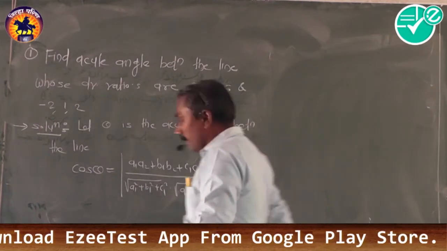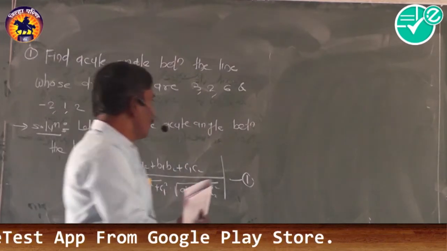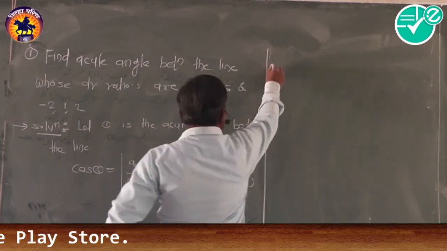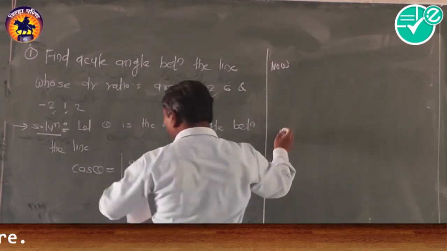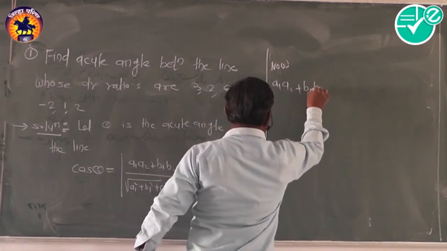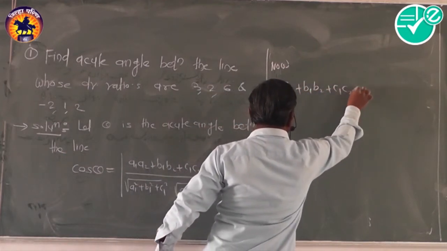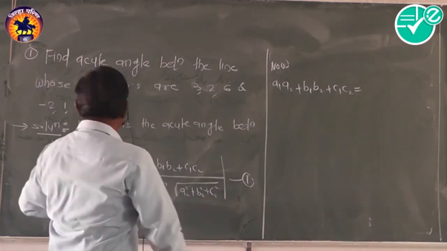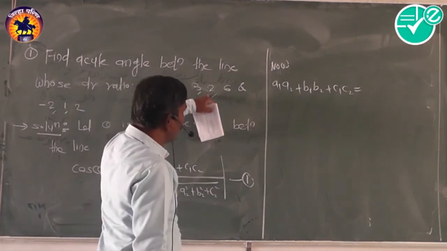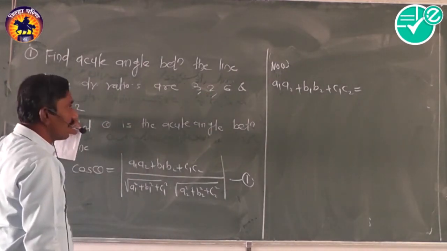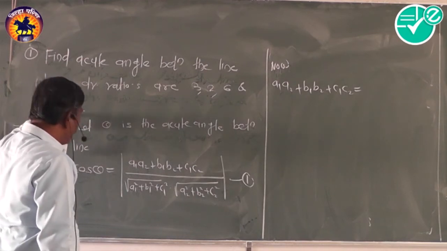So how do we calculate it? Listen carefully. Now, what will be here? A1 A2 plus B1 B2 plus C1 C2. Here 3, 2, 6 are the A1, B1, C1, and minus 2, 1, 2 are the A2, B2, C2.